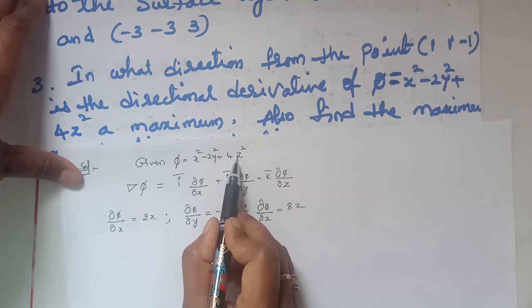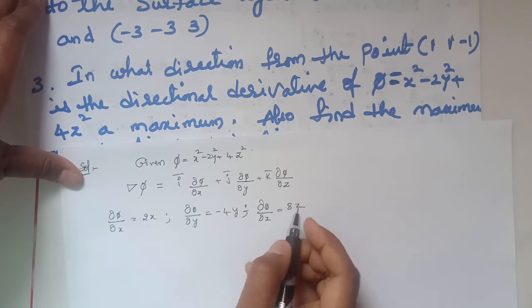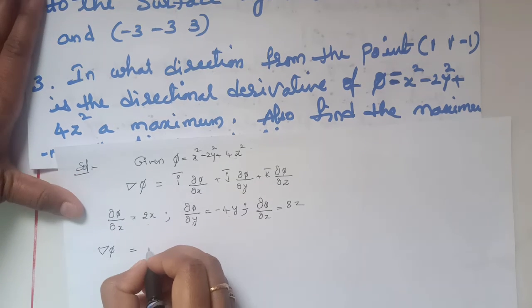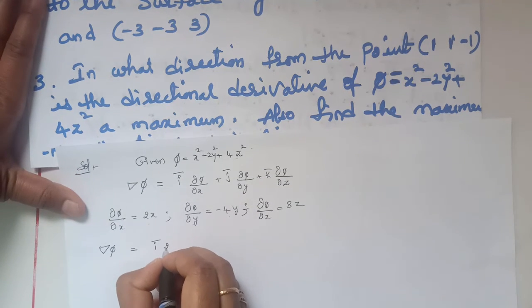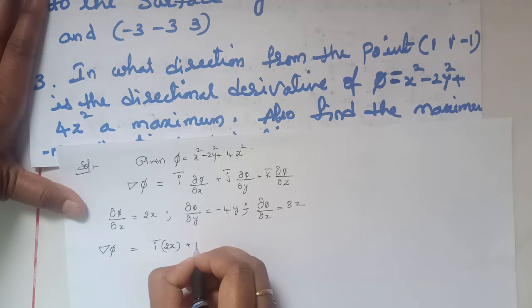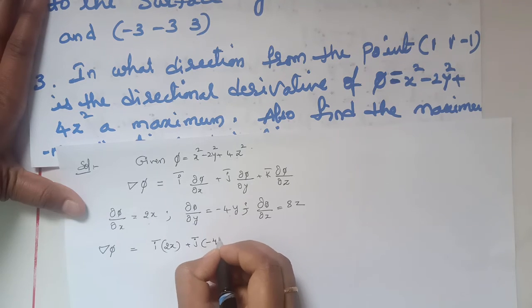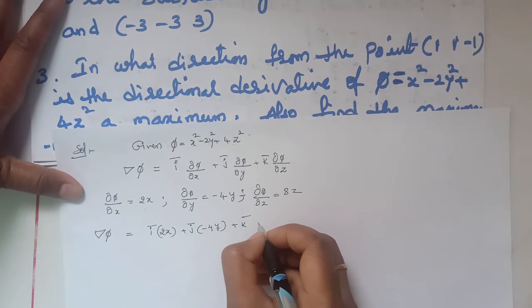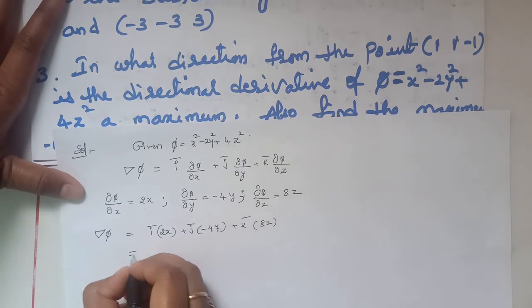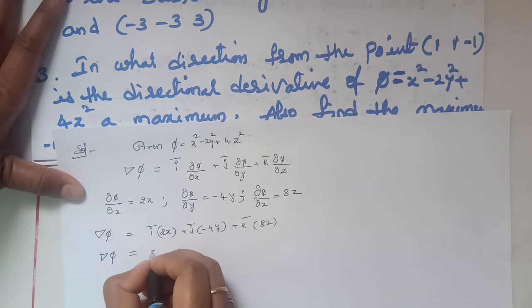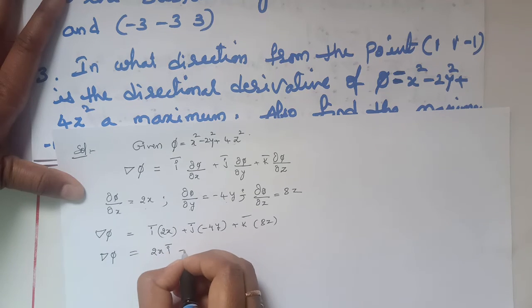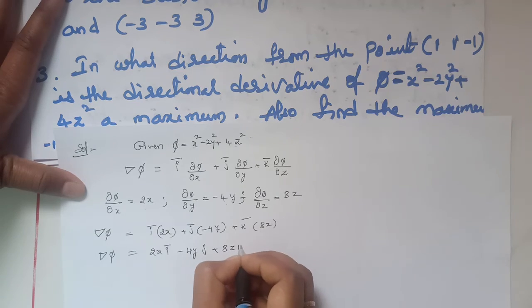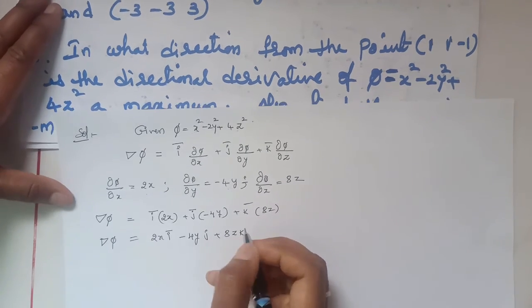Dou phi by dou z is 8z. Therefore del phi is equal to i bar 2x plus j bar minus 4y plus k bar 8z. Therefore del phi is 2xi minus 4yj plus 8zk.